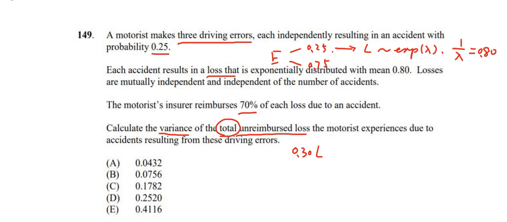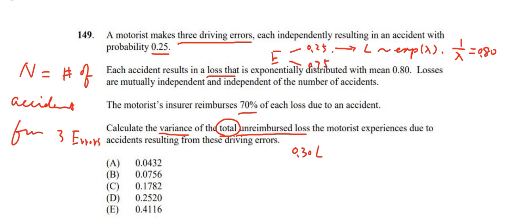So could it be zero, could it be one, could it be two, could it be three, right? We don't know how many. So let's say n is the number of car accidents caused from the 3 driving errors.